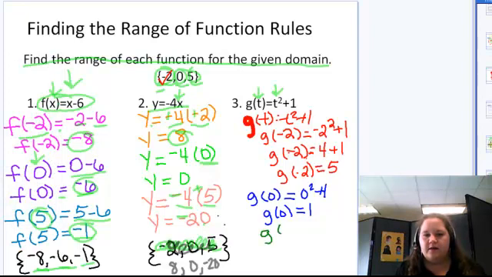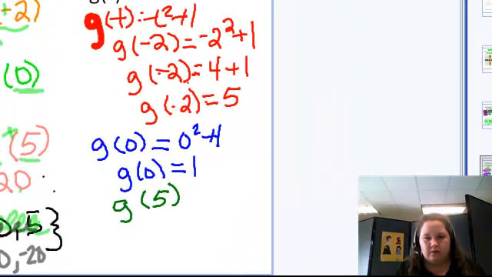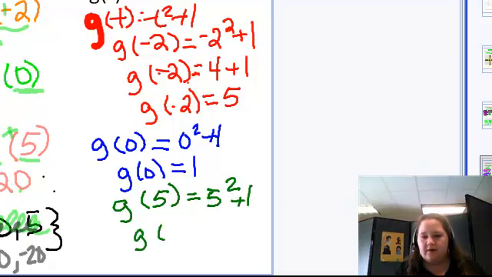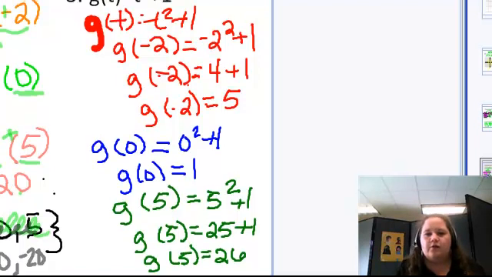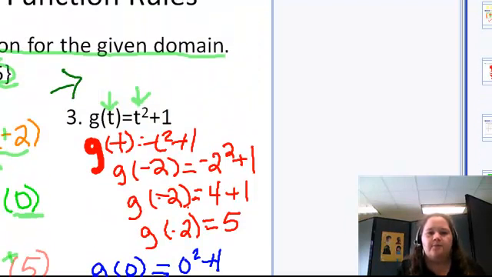We're going to say g of 5 equals 5 squared, which is 25, plus 1. So g of 5 equals 26. I'm going to write the answers up here since I took up all that space down there. My answers are 5, 1, and 26.